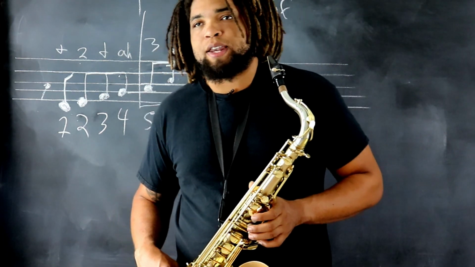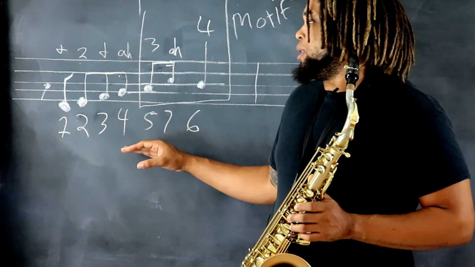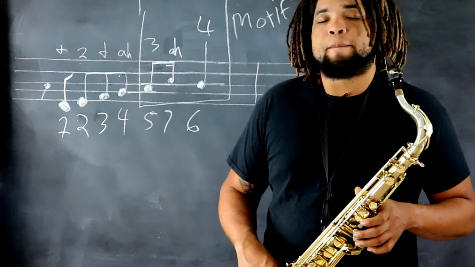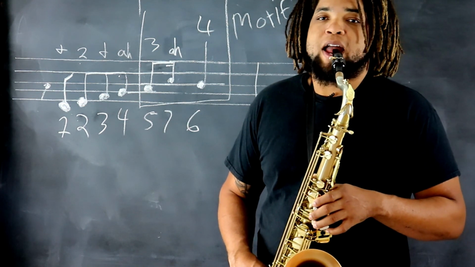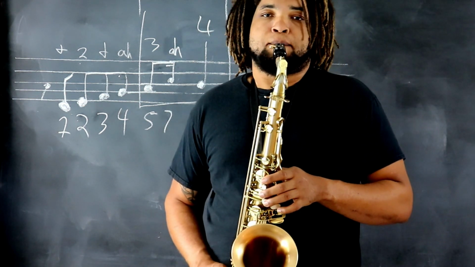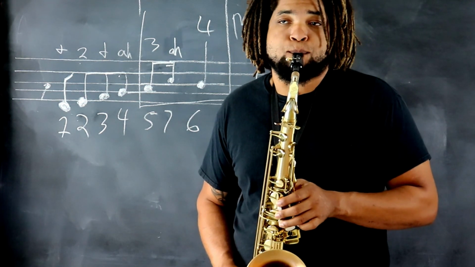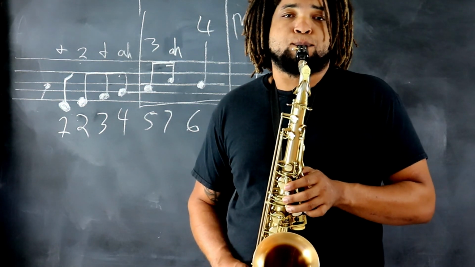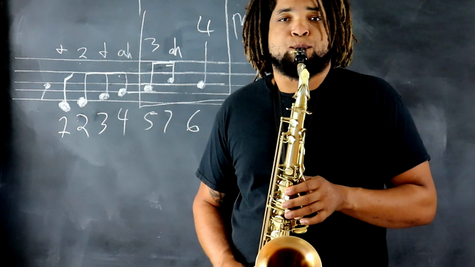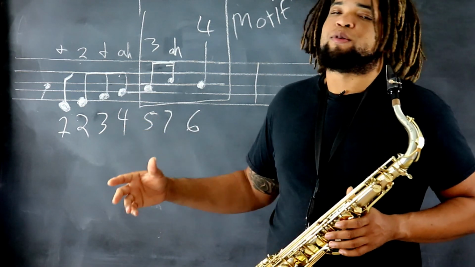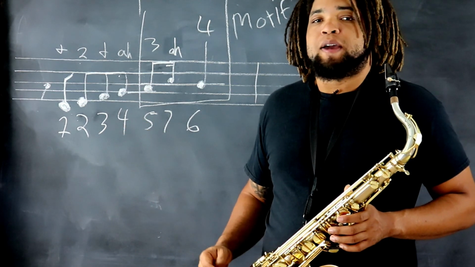So you can perceive that as taking this lick sequence motif and playing it around a certain chord. That would be this motif played around the chord of D minor.